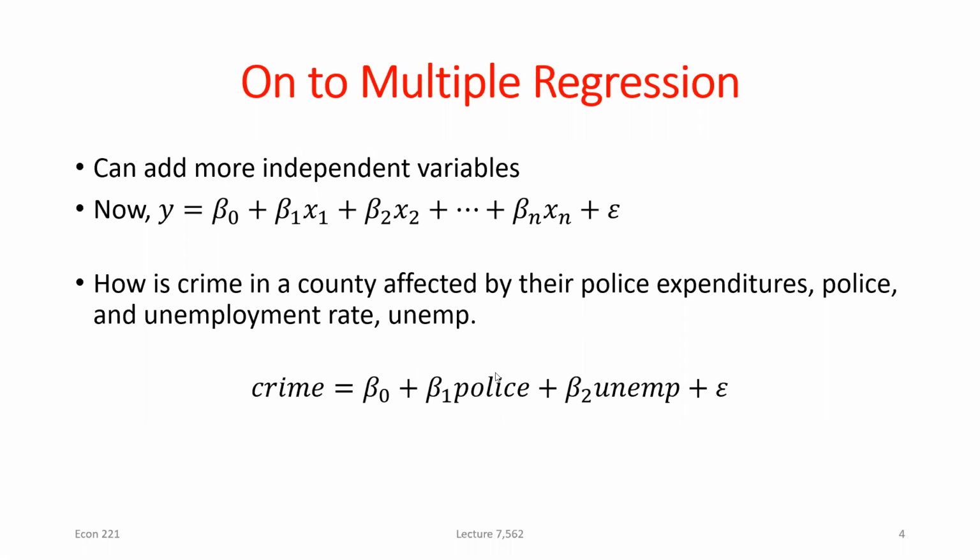So why can I now interpret this? What's now the interpretation of this slope coefficient? It's still the effect of spending $1 more on your police force on crime rates, but with every other variable that I add in, I now get to say, beta 1 is the effect of spending $1 more on my police force on crime rates, holding constant everything else in my regression.